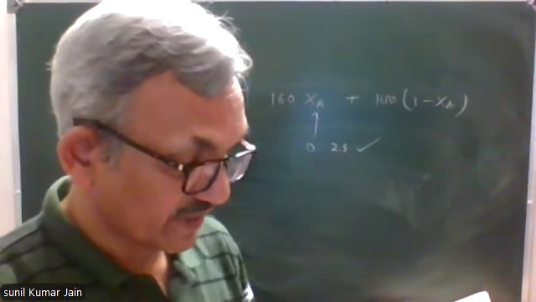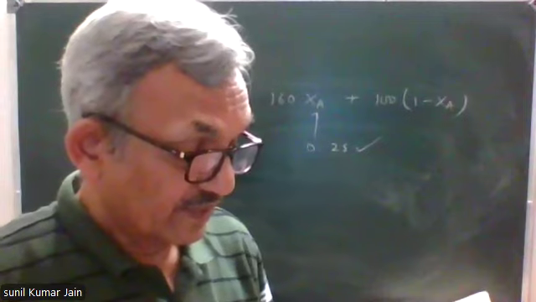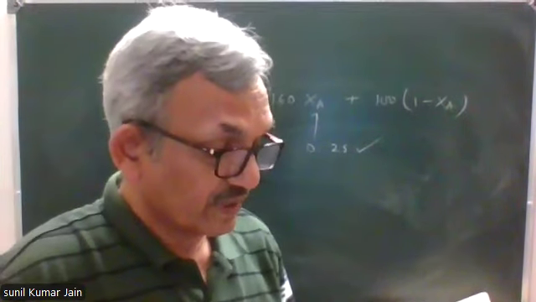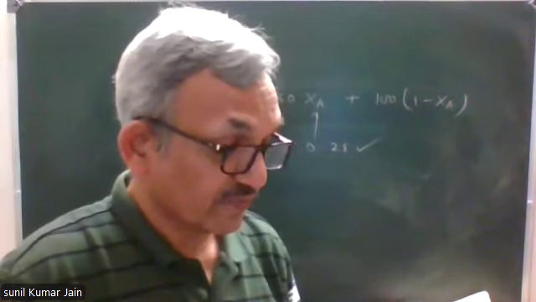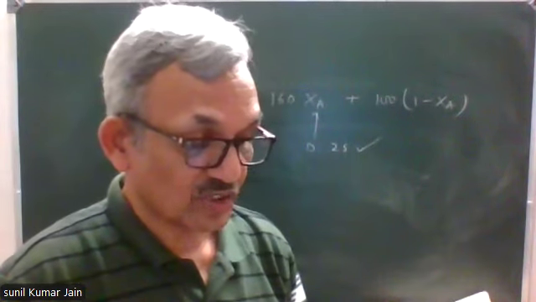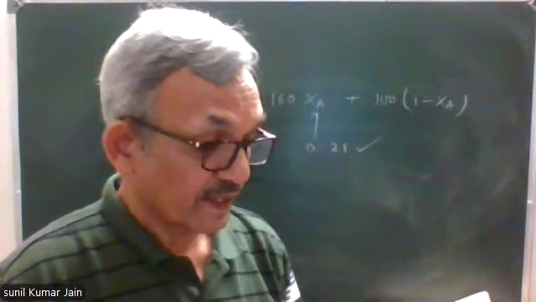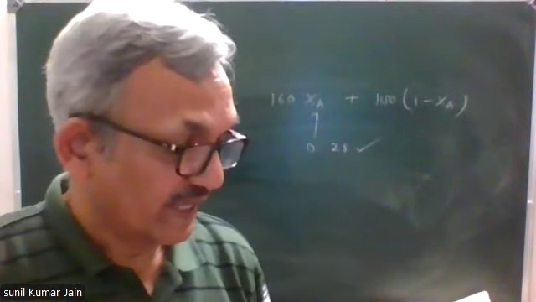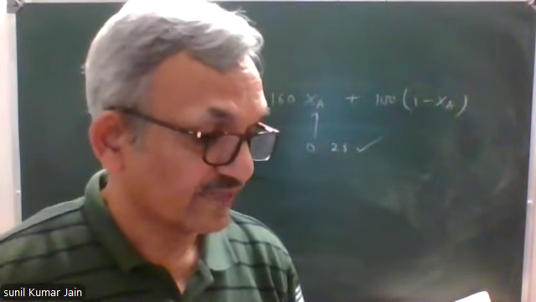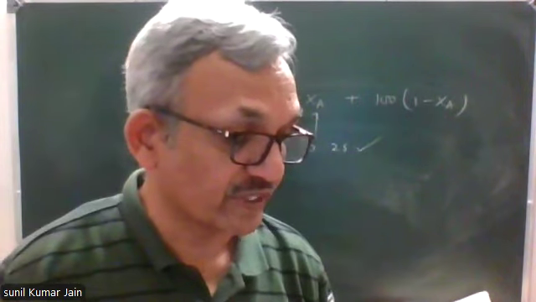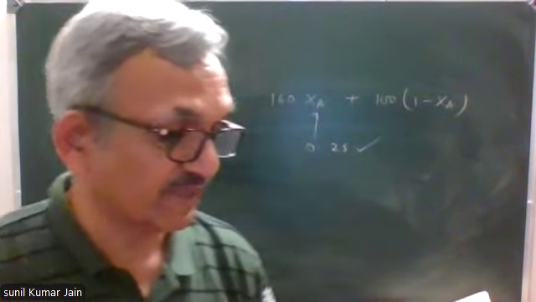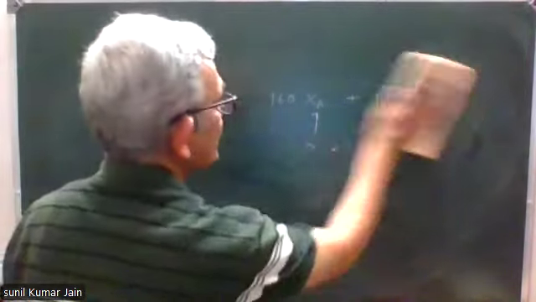Next, numerical number 10. Vapor pressures of pure liquids A and B are 450 and 700 millimeters respectively. Calculate mole fraction of A in the solution. Solution means in the liquid form and in the vapor phase, if total vapor pressure of the solution is 600 millimeters. See, we are given P naught values of both.